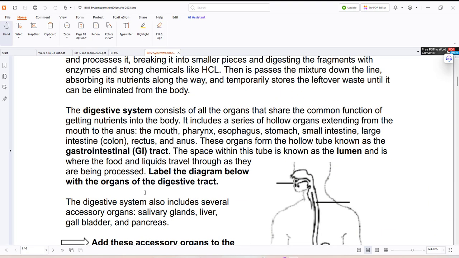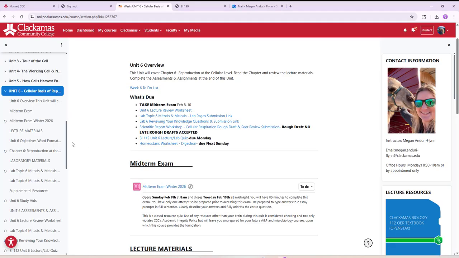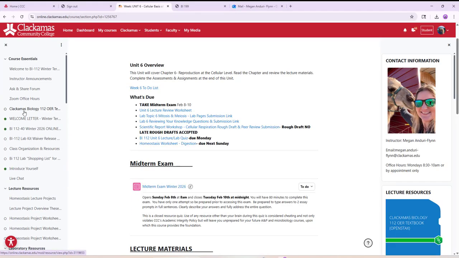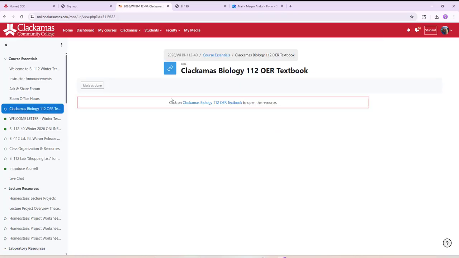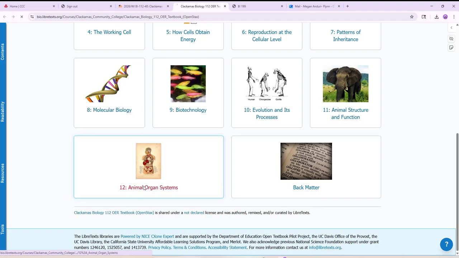So for the first part, it's just simply labeling. And again, if you don't know the different parts of the digestive system, you can certainly go back into our OpenStax textbook, down to chapter 12.